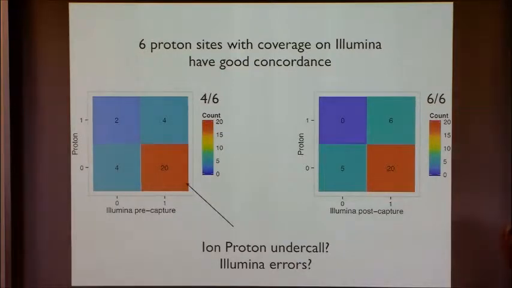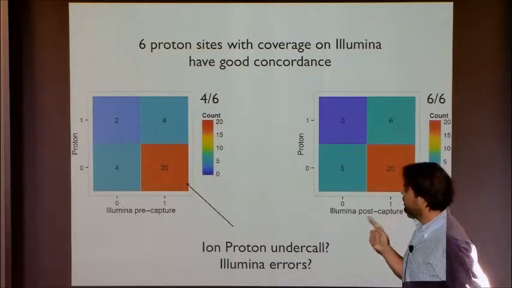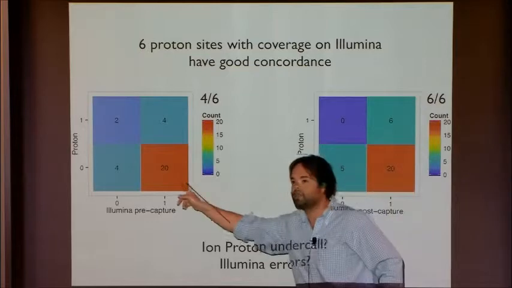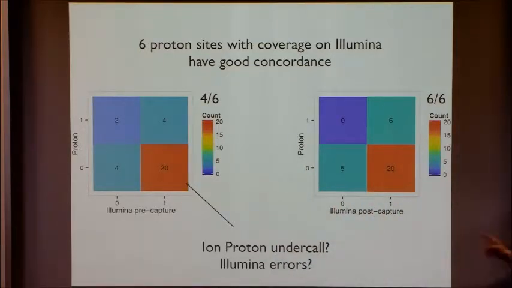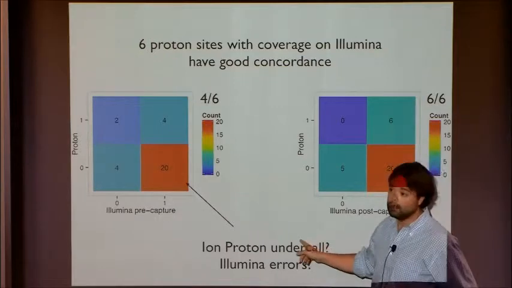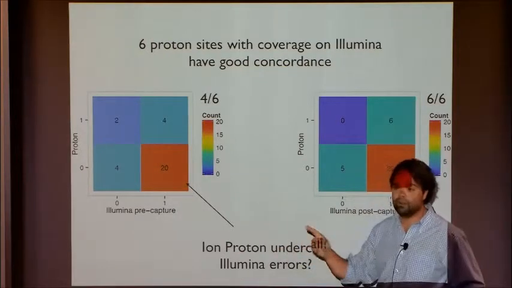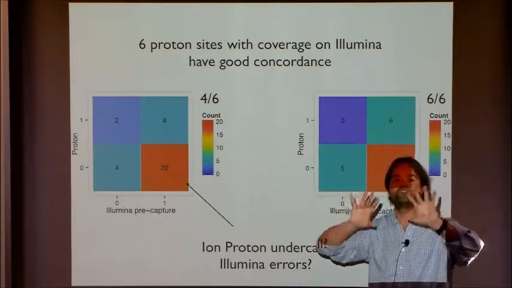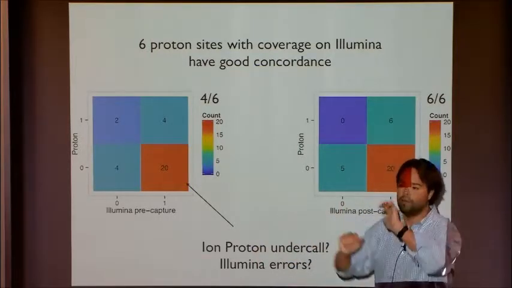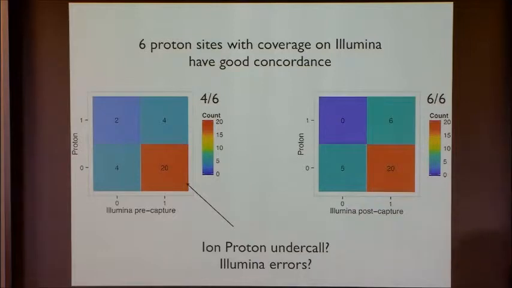Perhaps the more worrying issue is there are about 20 sites that got called in the Illumina data that ION did not call, and we don't know which is correct. I'm showing you the data, warts and all. This is literally data that we've been working on up until today that I was excited about and wanted to tell you.